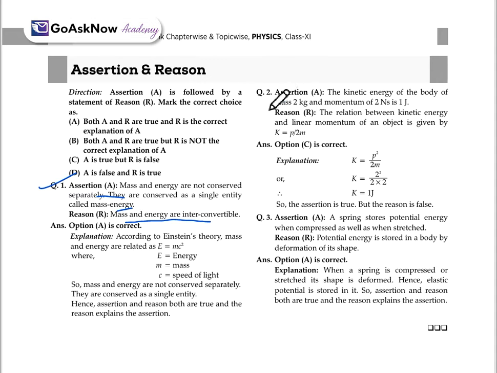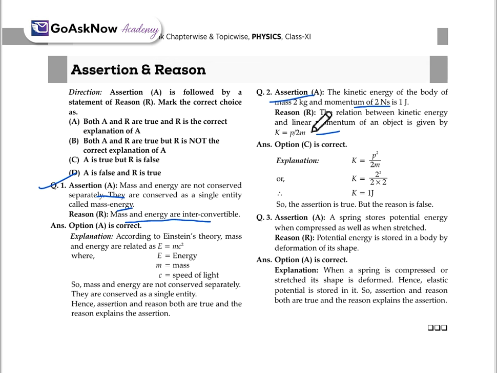Another one: the kinetic energy of a body of mass 2 kg and momentum 2 Newton second is 1 joule. The reason is: the relation between kinetic energy and linear momentum of an object is given by K equals p square upon 2m. Obviously they both are not readable, but let's see. K is equal to p square upon 2m. Then K is equal to 2 square upon 2 into 2, which means K is equal to 1 joule. So the assertion is true, that is fine.